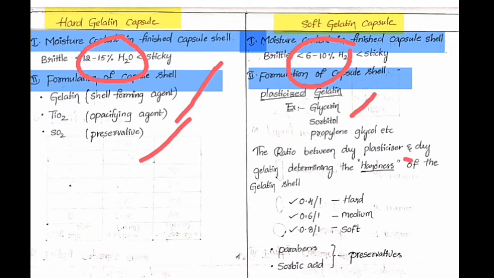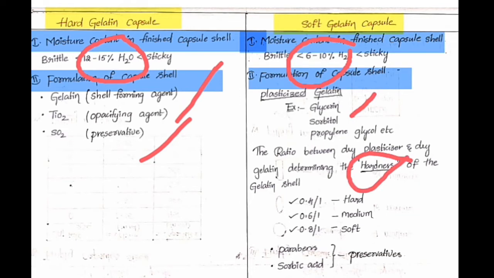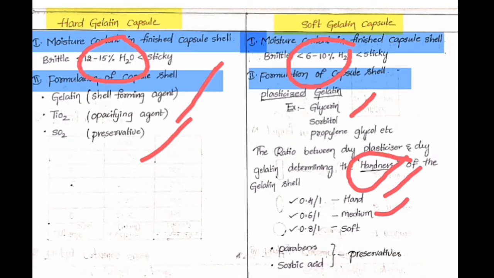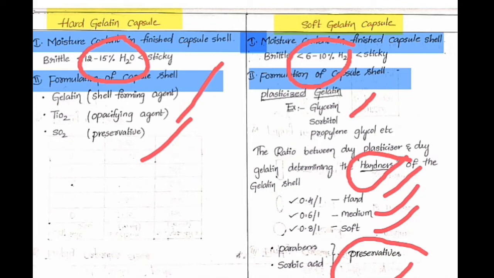The ratio between the dry plasticizer and dry gelatin determines the hardness of the gelatin shell, that is 0.4 per 1 for the hard gelatin capsule, 0.6 per 1 for a medium capsule, and 0.8 per 1 for a soft gelatin capsule. The preservatives used in the soft gelatin capsule are paraben and sorbic acid.